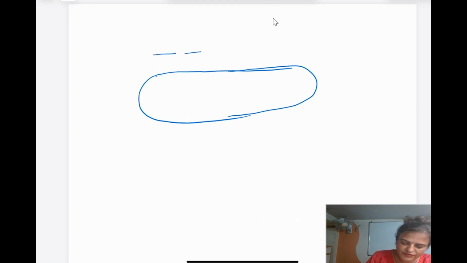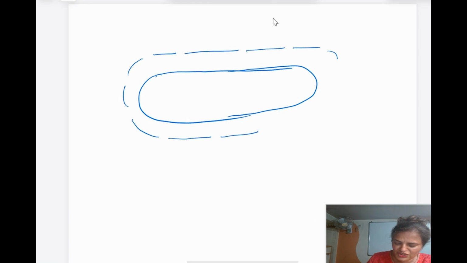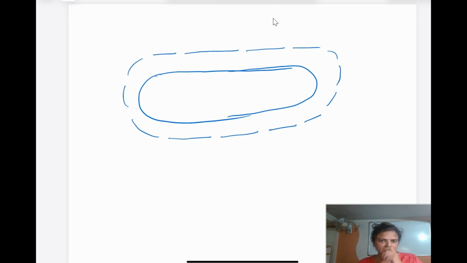So, I am just drawing a simple structure of a gram-negative bacterium here. How does it enter within the cell? Initially it has to cross the cell wall and the plasma membrane. So, this is the cell wall of the gram-negative bacteria.